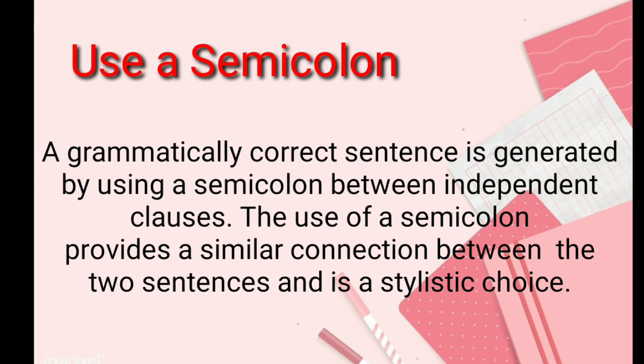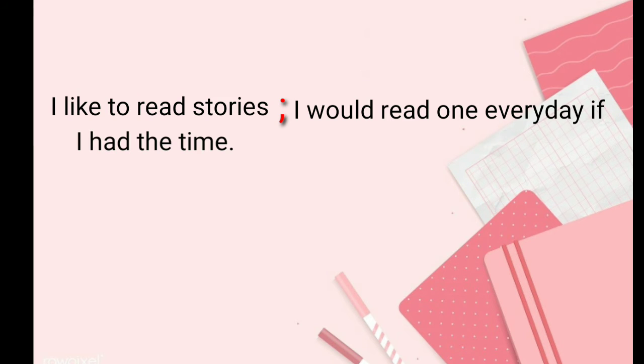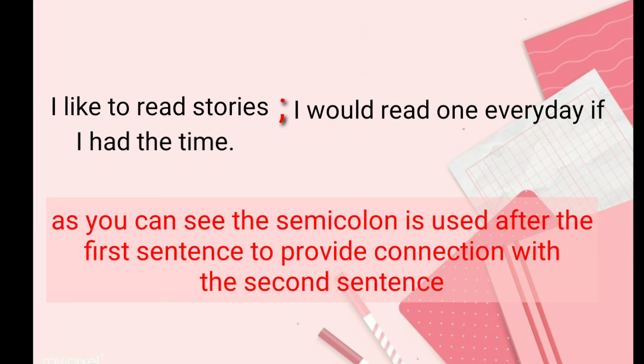The use of a semicolon provides a similar connection between the two sentences and is a stylistic choice. For example, I like to read stories; I would read one every day if I had a time. So as you can see, the semicolon is used after the first sentence to provide connection with the second sentence.